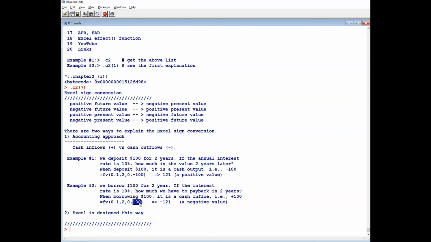If we borrow, it is a cash inflow today, then 2 years later we pay it back as a cash outflow. So this is the accounting approach. The second way is much easier: Excel is simply designed this way.